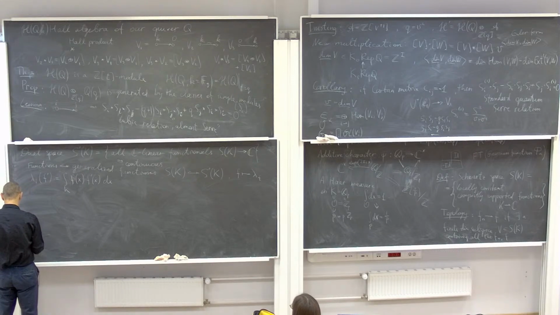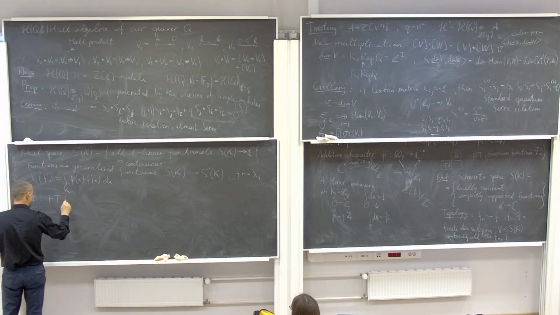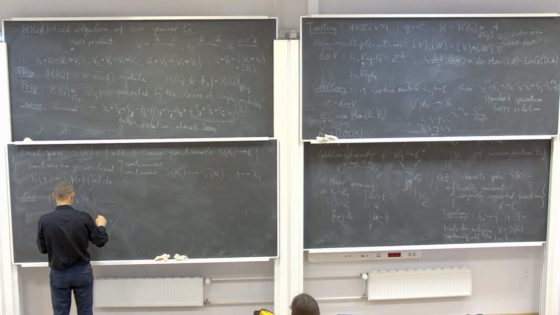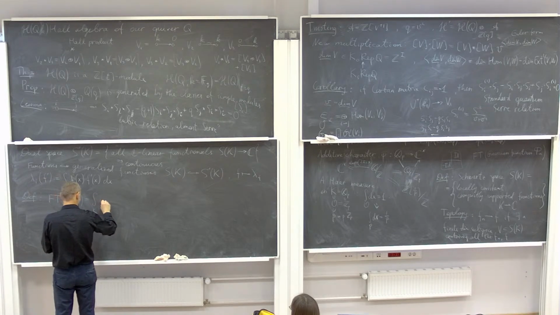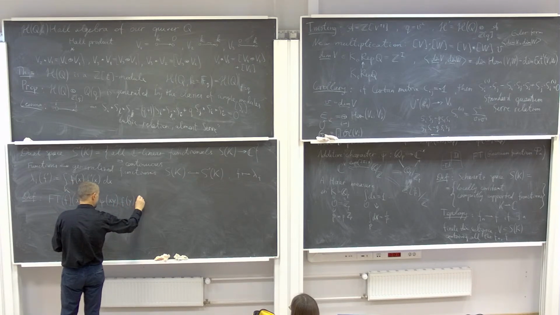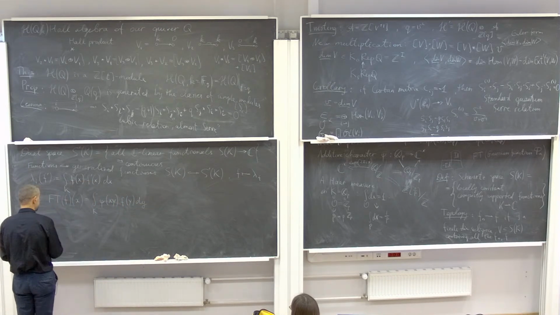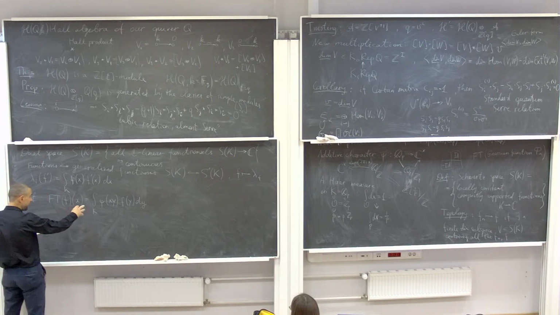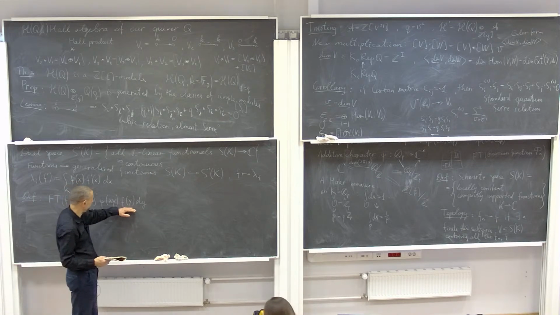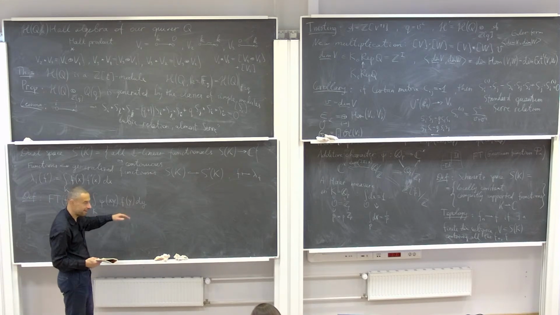And now finally we define the Fourier transform of a function as the integral of psi of xy, f of y, dy. This integral converges again for the same reason, because f of y has compact support.